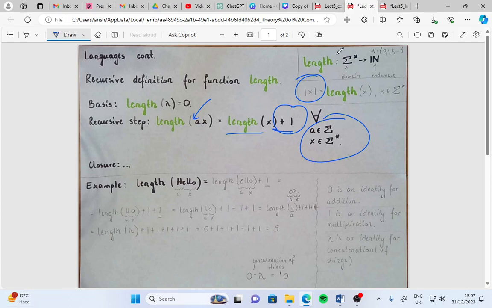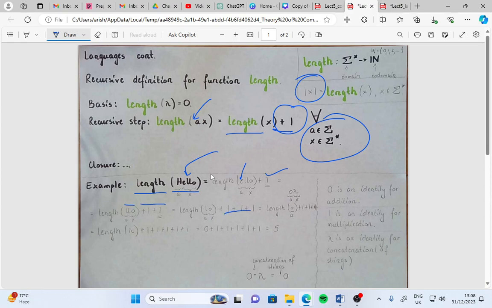And here you can see in this example that if we apply the length function recursively over hello, how can we find the length of the string hello? First of all, on h we get 1. Then we apply on e, so there is plus 2, and then llo is remaining.